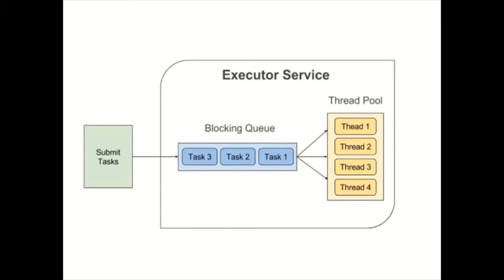Thread 1 will pick task 1, thread 2 will pick task 2, and these 2 threads will execute in parallel. Once they finish their task, or whenever they get free, any one of them will pick task 3. In this way, executor service works in Java. Let's take an example and see that in practical.